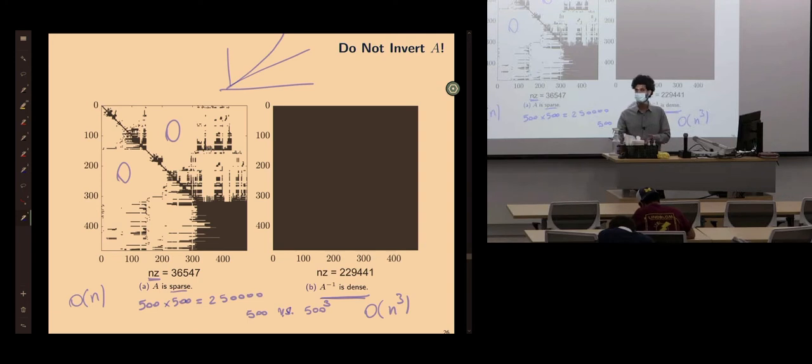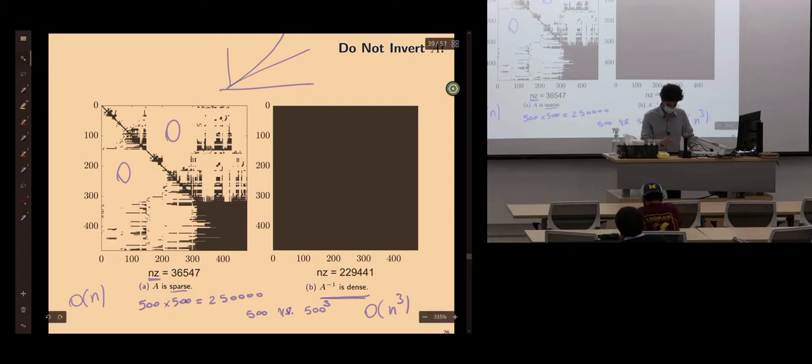Make it 500,000, make it 10,000. One is growing so fast, cubically, that a lot of computers today will struggle with that type of calculation. By the way, it's a very good course to take to understand these concepts of computational complexity, data structures, and algorithms. Anyway, this is a main reason we don't invert A.